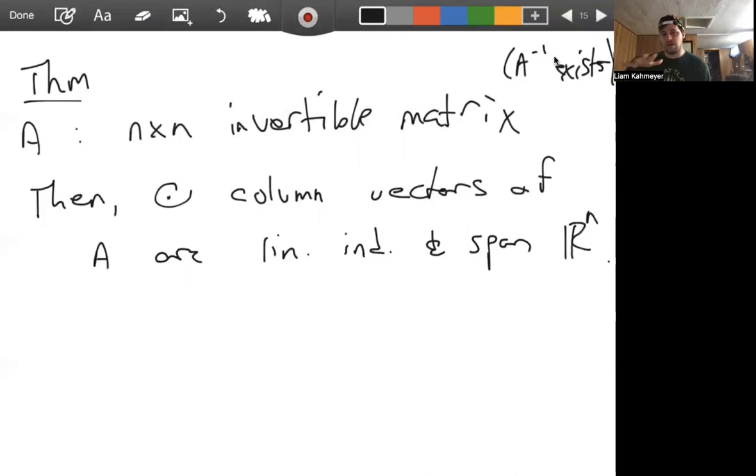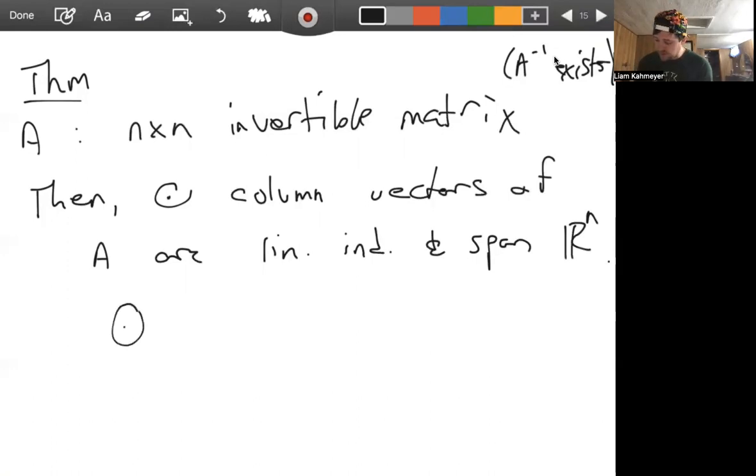They span Rn. Okay? And so for an invertible matrix, we'll learn the notation in the next video, but basically, if you have an n by n invertible matrix, then the column vectors of that matrix define a basis for Rn, which means they're linearly independent and they span Rn.